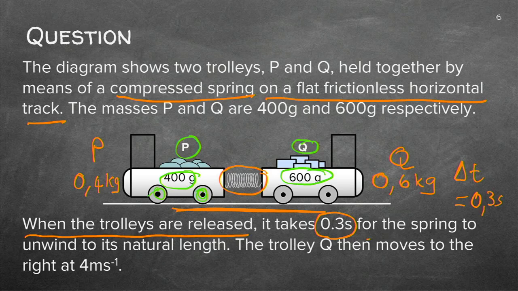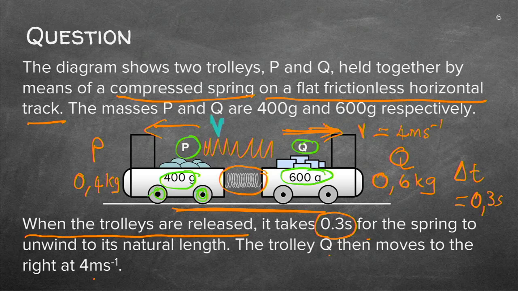For the spring to unwind, so probably that spring will be a little bit longer. This Q will be moving that side and P will be moving that side. The trolley Q then moves to the right. Do you see Q there? Moving to the right, and they give me a velocity of 4 meters per second. Let me quickly just remind you, both of these trolleys were stationary.